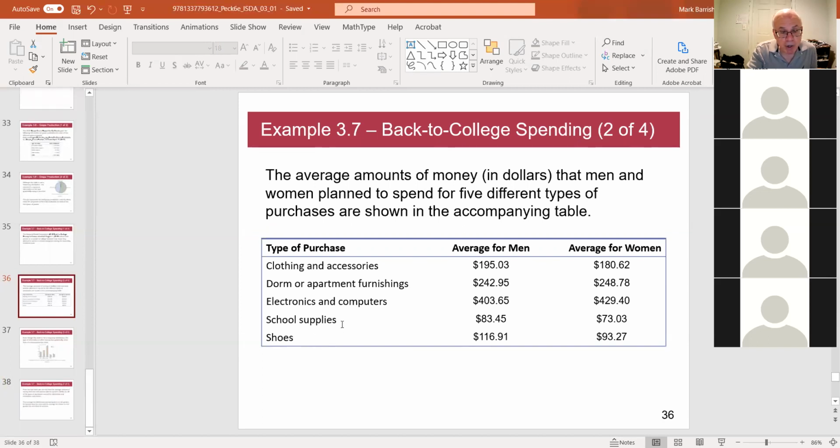So these are 5 categories, and we have 2 groups, men and women. You could picture us having maybe 2 pie charts comparing these 2. Again, you would have a total that you're taking the percentage of to get your proportions.